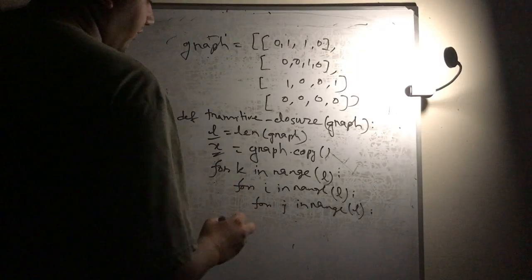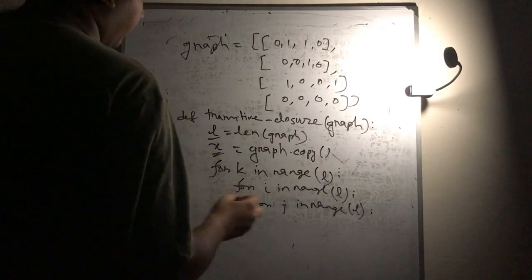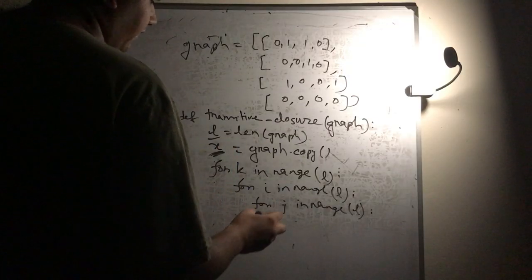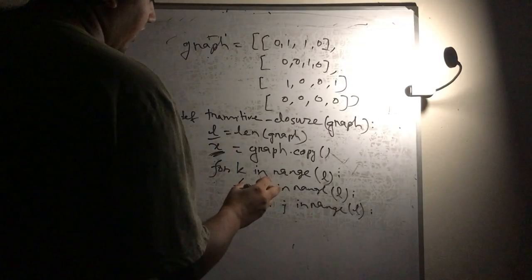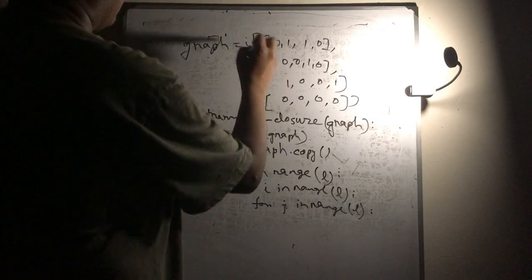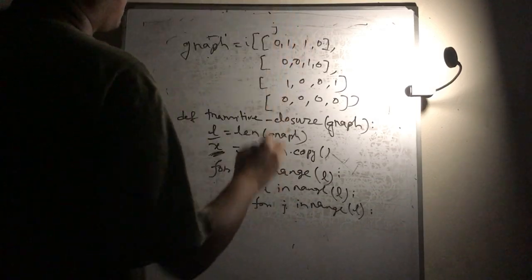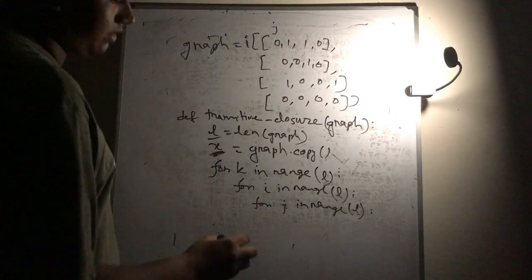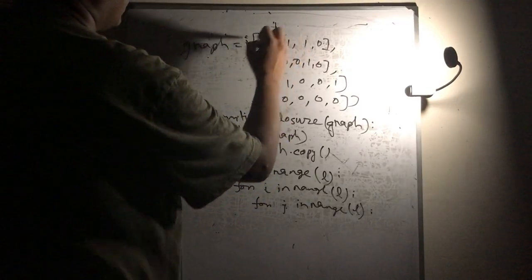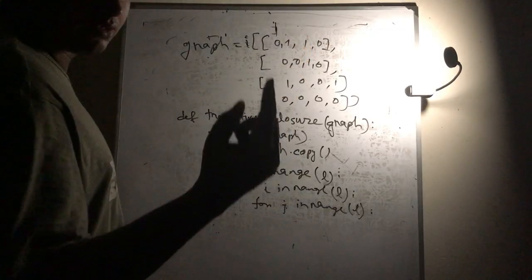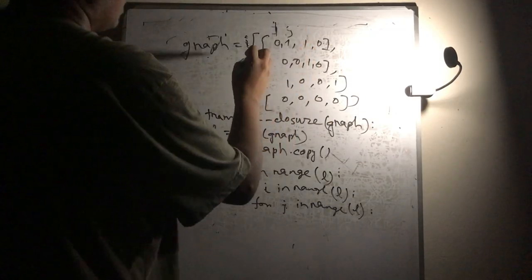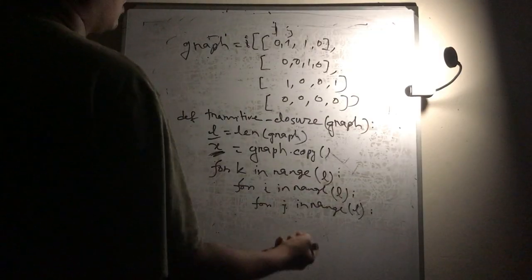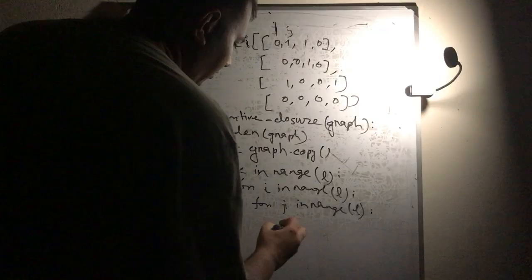X is the output. Okay, we modify the copy graph and return it as output. Now if there is a direct path between i to j, suppose this is i, this is j, is there a path? No. But if there is a direct path, one means there is a path. So if there is a path between i to j, then we can include 1 in x.